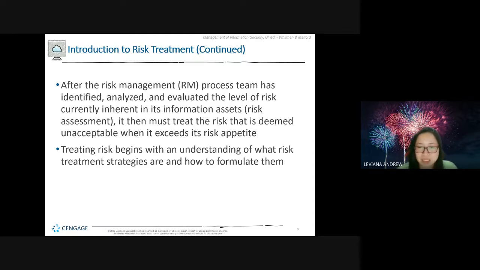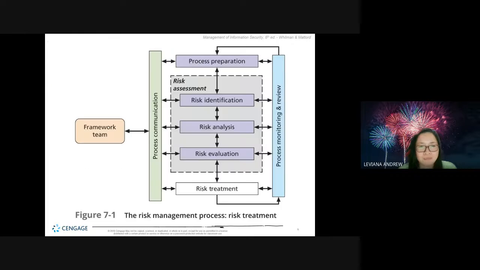Risk appetite means the statement of how much you are willing to accept if any of the threats happen. Treating risk begins with an understanding of what risk treatment strategies are and how to formulate them.